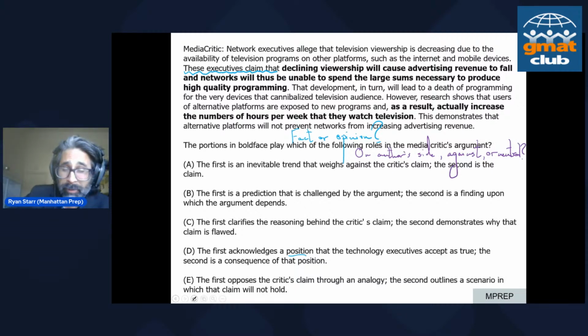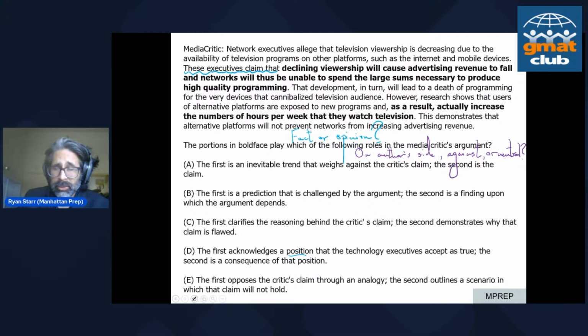And comparing it to that first boldface portion, declining viewership will cause advertising revenue to fall, and networks will thus be unable to spend the large sums necessary to produce high-quality programming. You can see that the author's position, the critic's position, is very much against that first boldface portion, that first claim. All right.